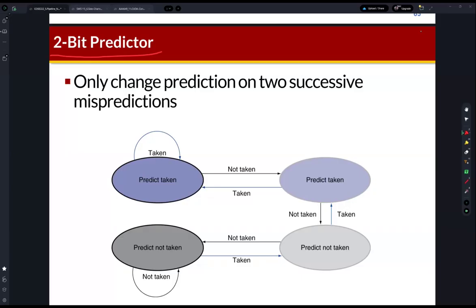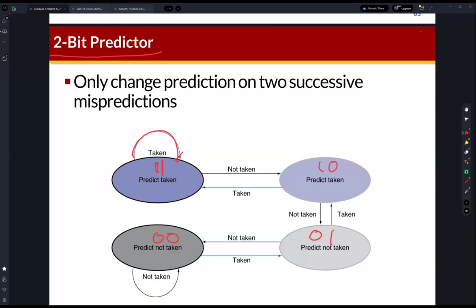We can implement the 2-bit predictor using a saturating counter. What does that mean? The counter goes 00, 01, 10, 11, right? But if the counter becomes 11, then it is saturated. Okay, so this is the saturating counter.